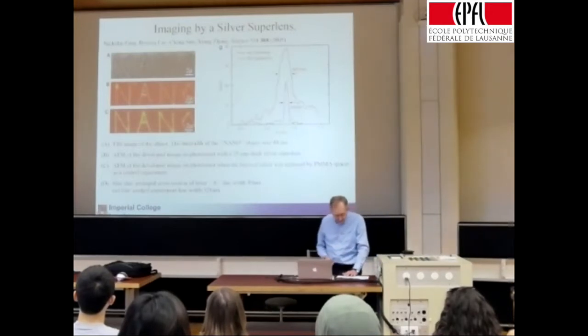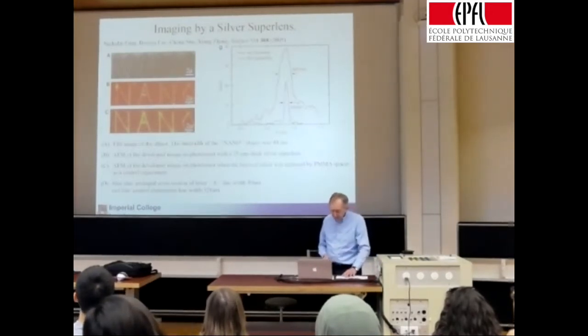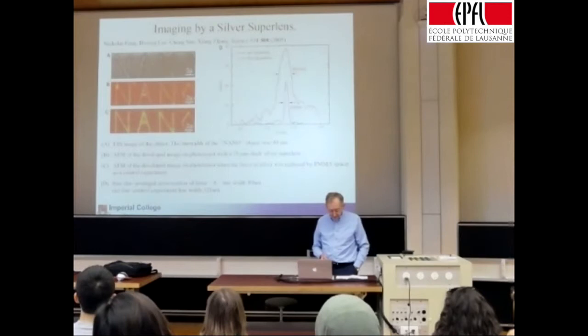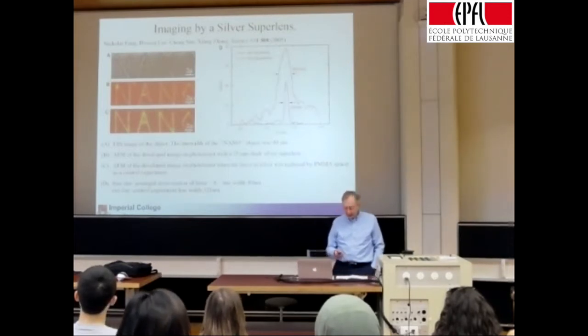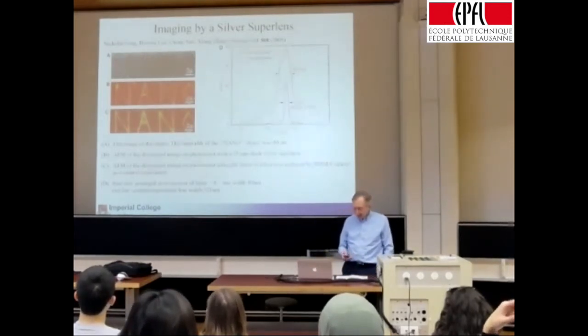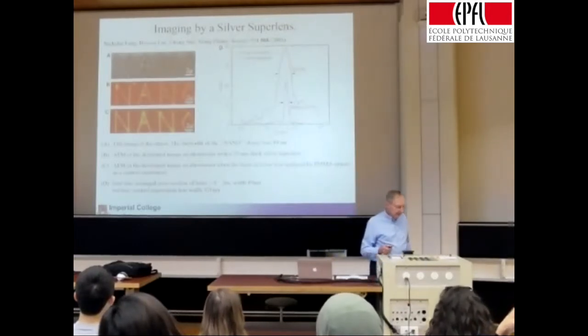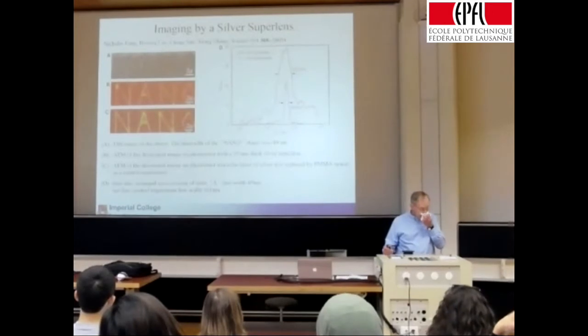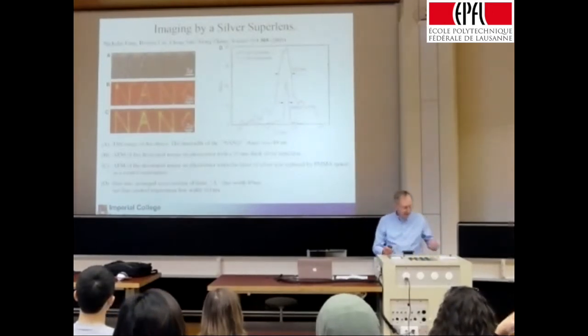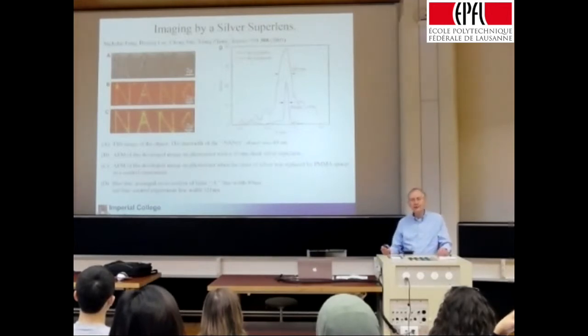So these negative things are very, very important for controlling light on the nanoscale. And the reason for that is that if you have a material with a negative epsilon or a negative mu or both, then the surface supports very short wavelength excitations, known as surface plasmons.